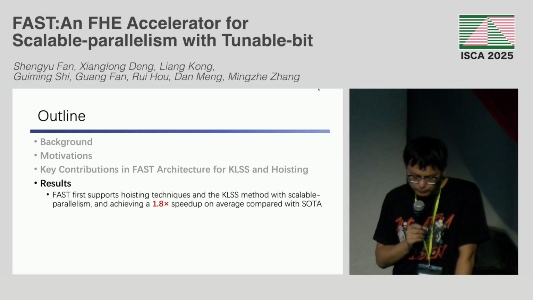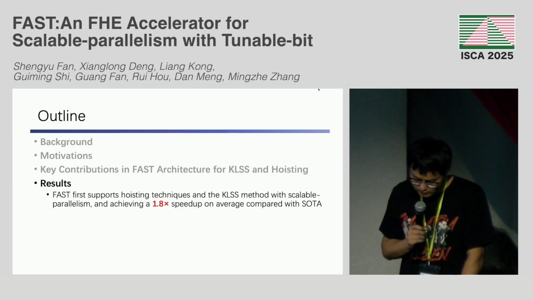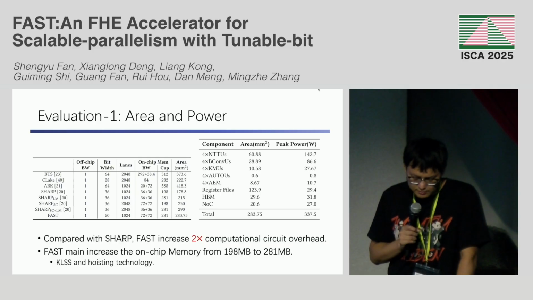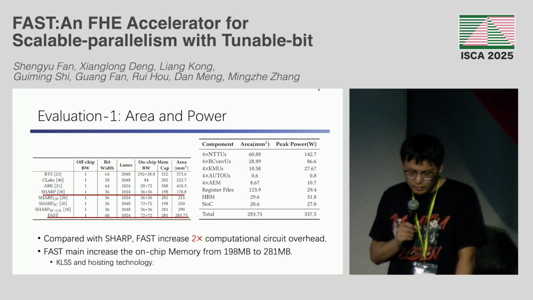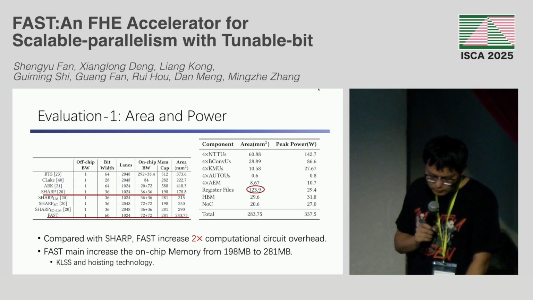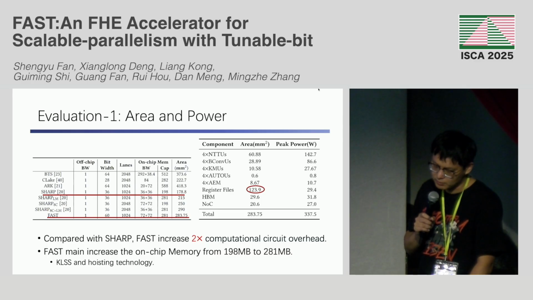Next, I will present the evaluation results of our co-design of software and hardware optimizations. These are the area results. Our area increased 2 times in logic area, and looking at the area breakdown, the on-chip memory takes up the largest portion, accounting for 43.7% of the total area.